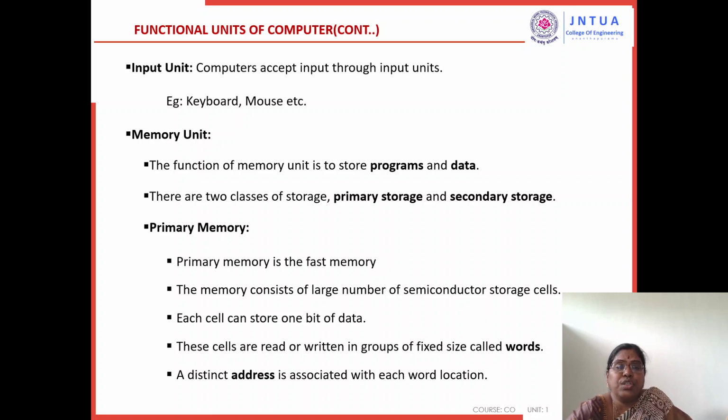Each semiconductor device stores one bit of information. The primary memory, or whatever the memory may be, will read the data and write the data. Two controlled operations are executed by the memory unit.